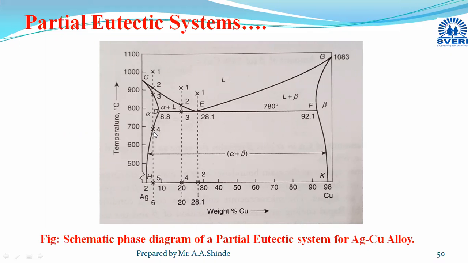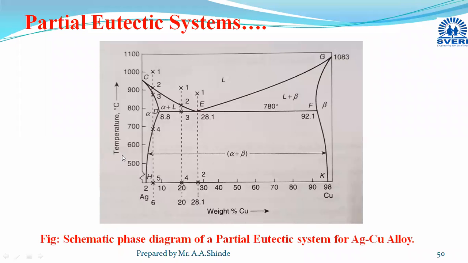Below this point 4, a mixture of alpha and beta will be formed. This much write up is sufficient. And how is it formed? Copper will separate out when temperature falls below point 4, and copper separates out in the form of beta solid solution. Okay, this is the concept.